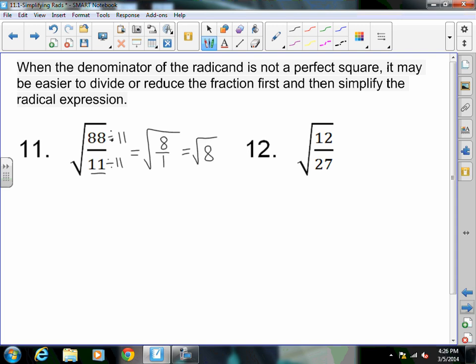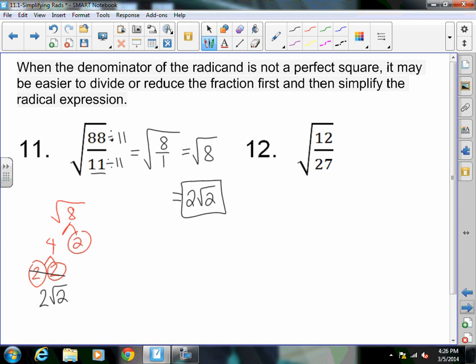And then we're going to break down 8. Some of you leave 8, but you got to pay attention. 8 can be broken down. You're going to get a pair here from your 4. So I get 2 and then rad 2. So this simplifies to 2 rad 2.